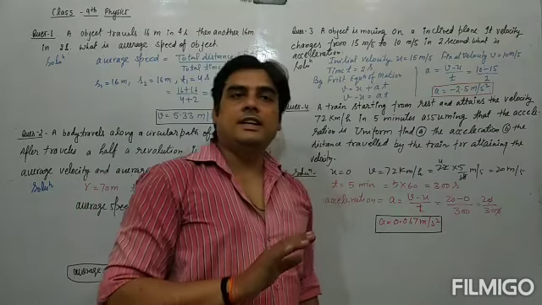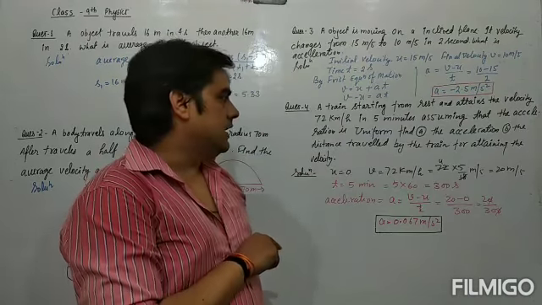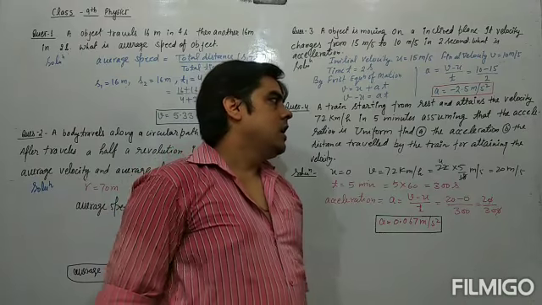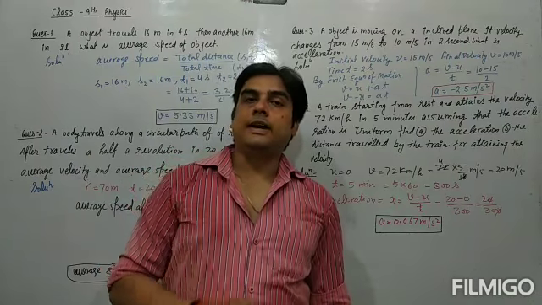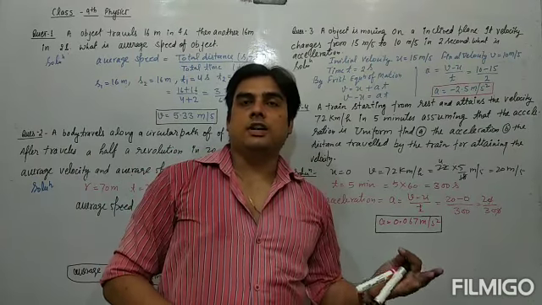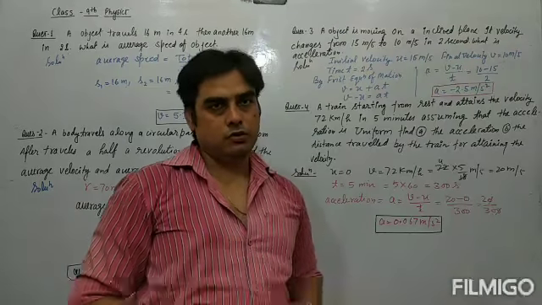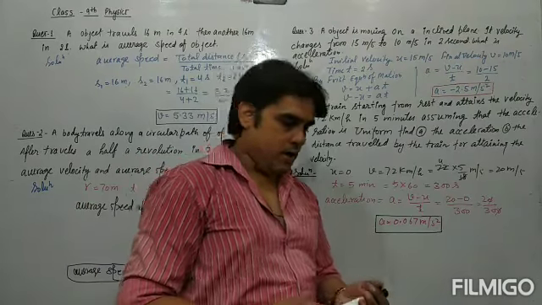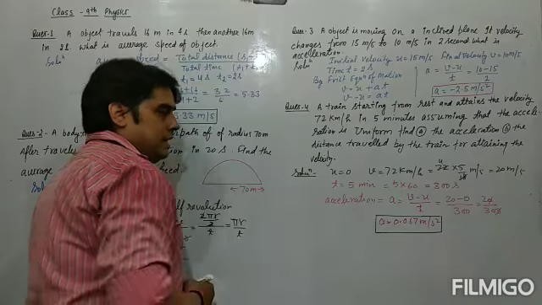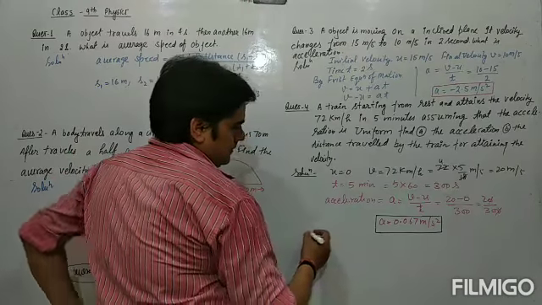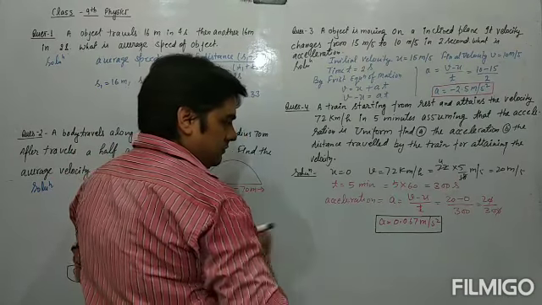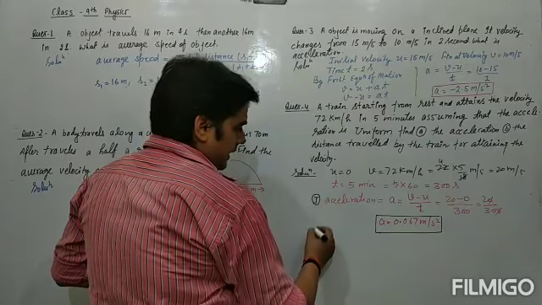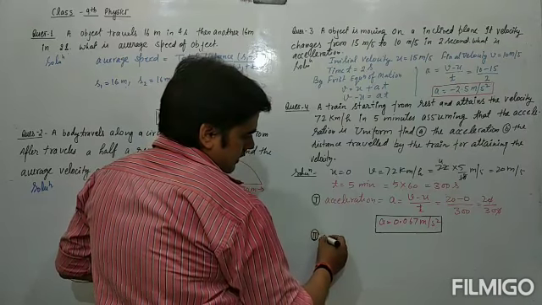So, the total distance traveled by the train is found by the second equation as well as the third equation. You can solve by both. Here we are solving by the third equation. So this is the first part, and the second part is distance.